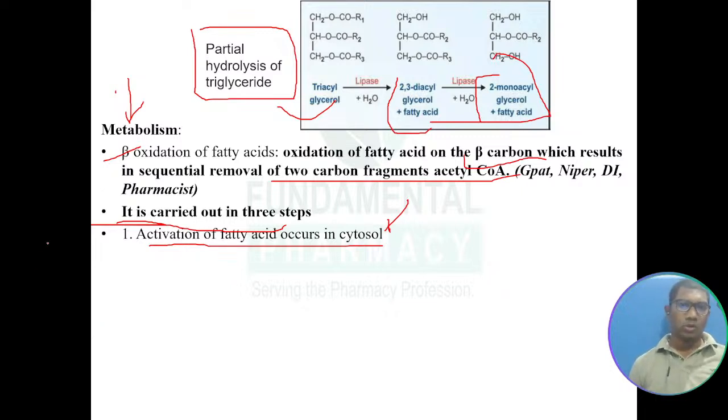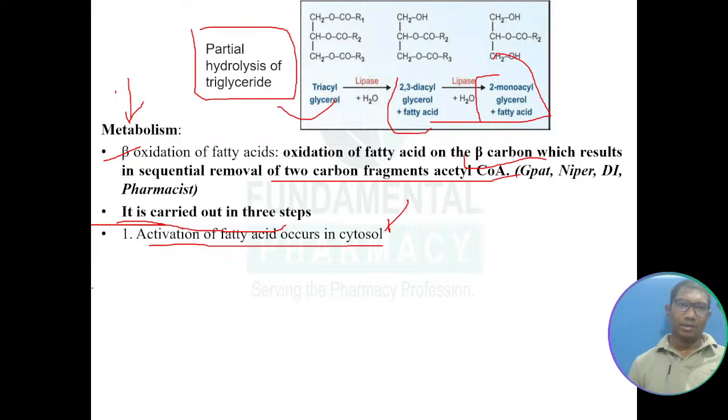So oxidation of fatty acid on beta carbon results in the sequential removal of 2 carbon fragments of acetyl CoA. तो ऑक्सीडेशन होने के बाद में क्या मिलेगा आपको, acetyl CoA will enter into the Krebs cycle, or acetyl CoA can be further utilized. We have already seen acetyl CoA in carbohydrate.